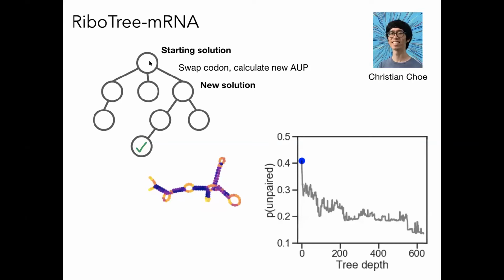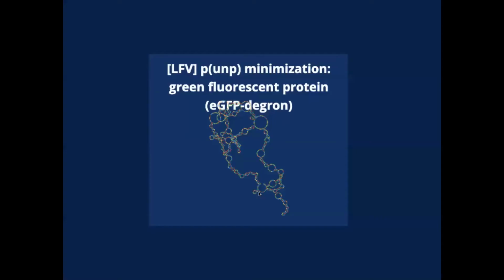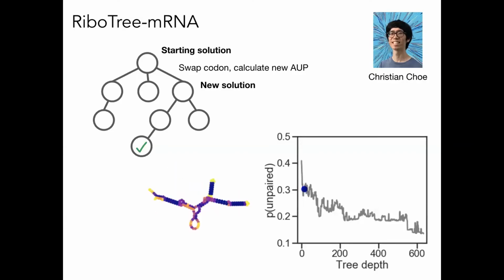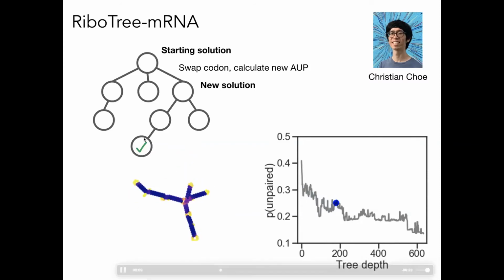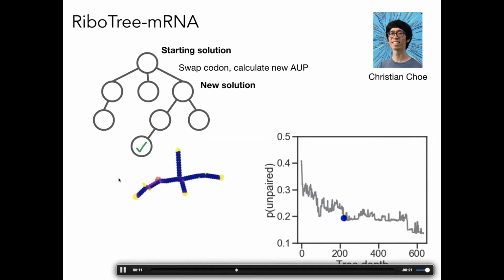So it stochastically looks at new sequences, but uses a tree structure to keep track of ones that it has already visited. And so then here's just a little movie of the conformations that RiboTree is finding as it descends down the branches of its tree as it gets to the optimal solution.